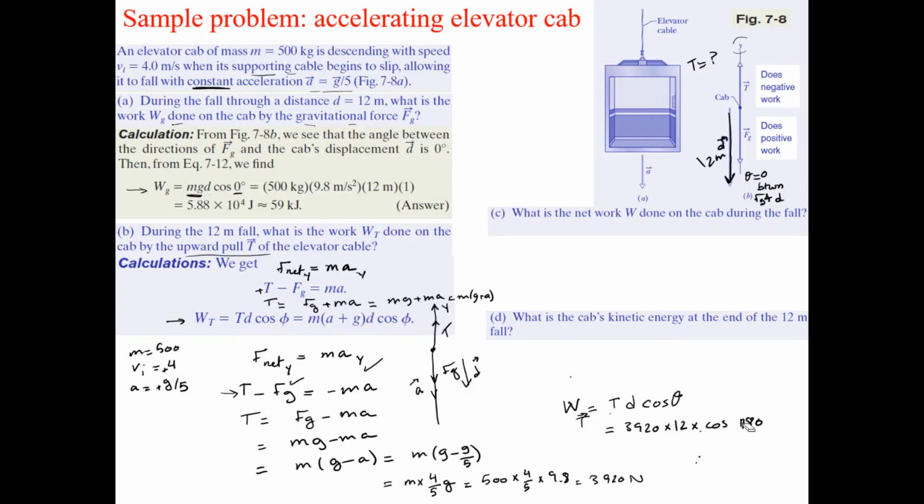I can calculate the work done by the tension force. Because I have cosine 180, I expect the work done to be negative. I calculate on the calculator. I actually, yes, find a negative work done. We obtain the work done by the tension force to be negative 47,000 joules.